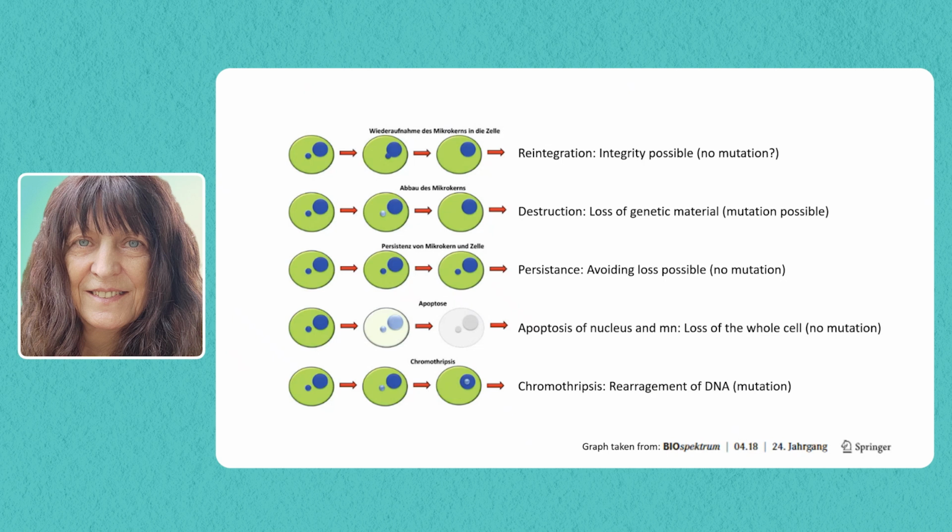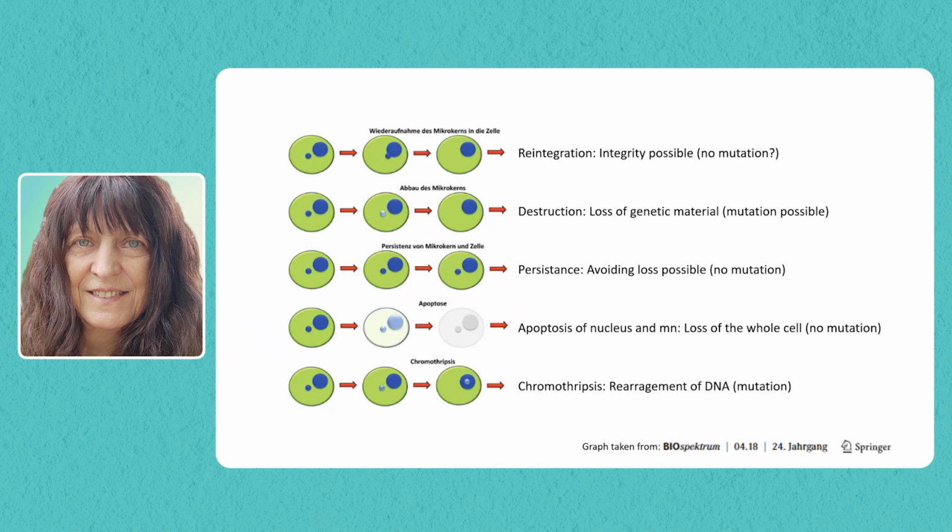So what you could have is that the micronucleus could just reintegrate with the nucleus. And then it may be, if it reintegrates well, that you have no mutation as a result. It could be that the micronucleus is destroyed by the cell because it doesn't like that extra material and has mechanisms to get rid of it. Then if it's just really lost, there might be a mutation possible as a result, if genetic material is lost and the cell still survives.